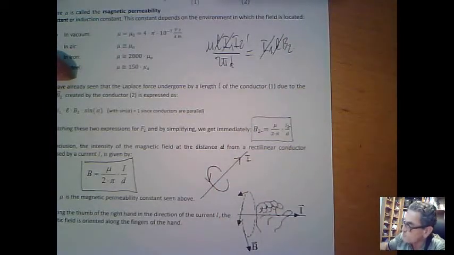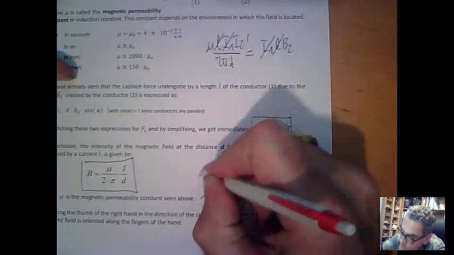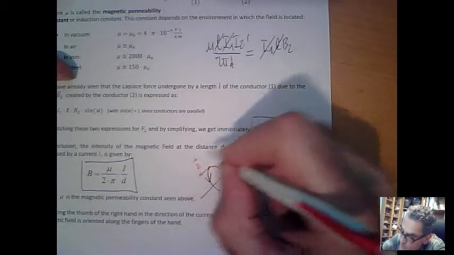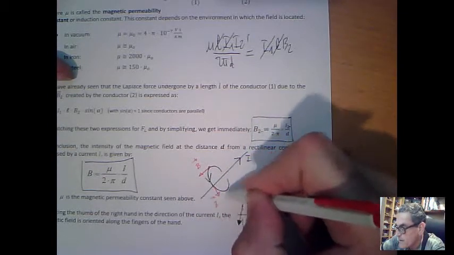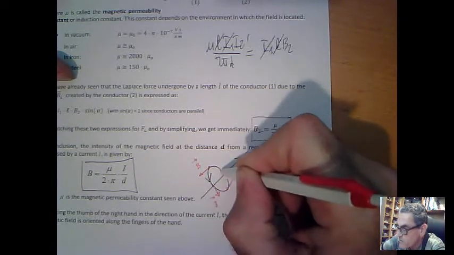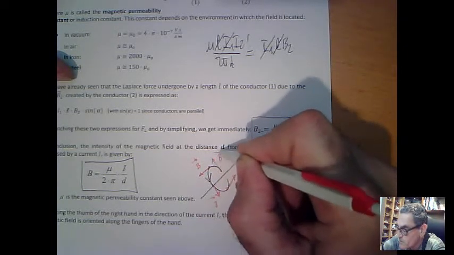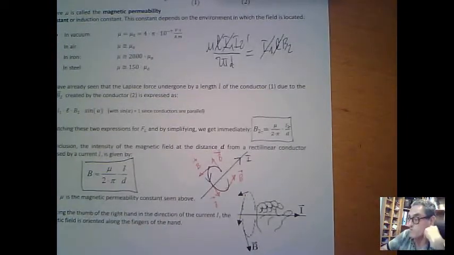And then your magnetic field at any point is going to be given by a vector which is tangent to the circle. At any point around the wire, this magnetic field will have a different direction, and the direction is given by the tangent to this circle.